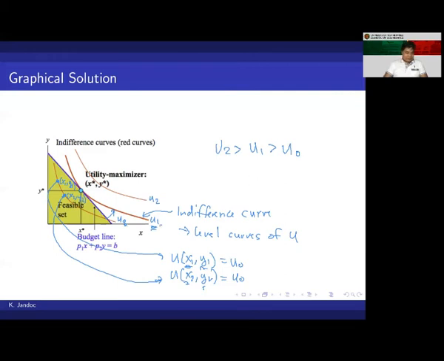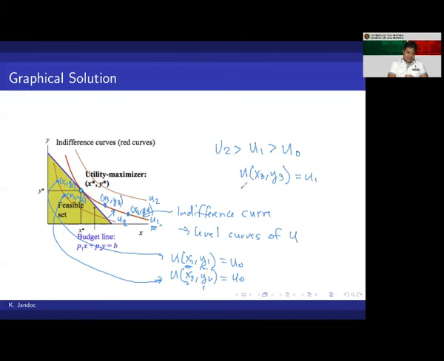Again, just to hammer in the point, suppose we have 2 points in this thick red indifference curve. Call it x3, y3, and this one x4, y4. The utility at x3, y3 would give the consumer U1.